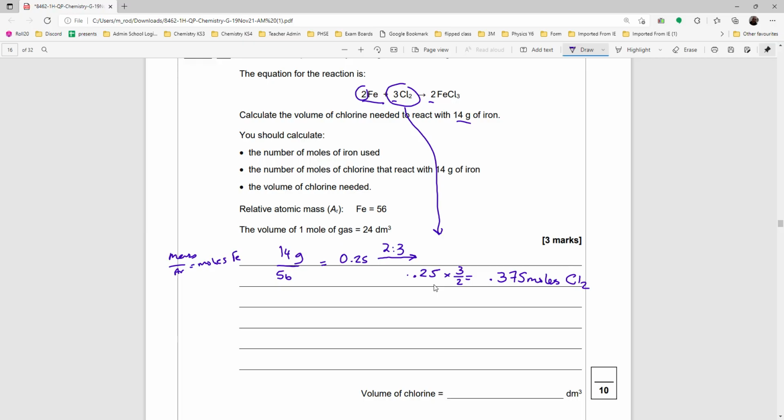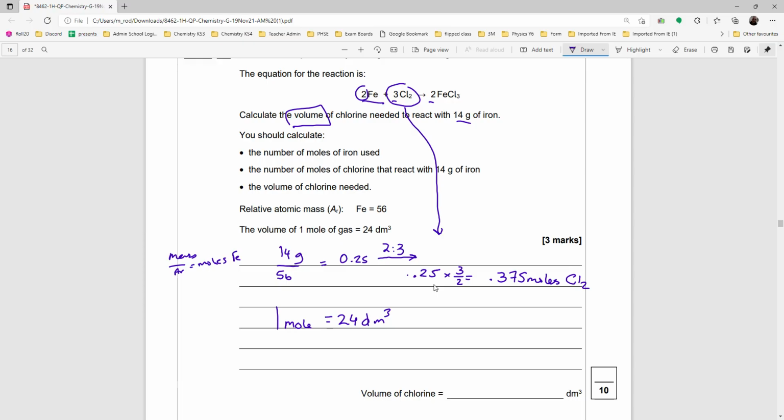Now, do they want chlorine in grams, or do they want it in moles, or do they want it in volume? Calculate the volume, which, of course, I know if I have 1 mole of any gas at room temperature, that's going to equal 24 decimeters cubed. And it doesn't matter what the element is.